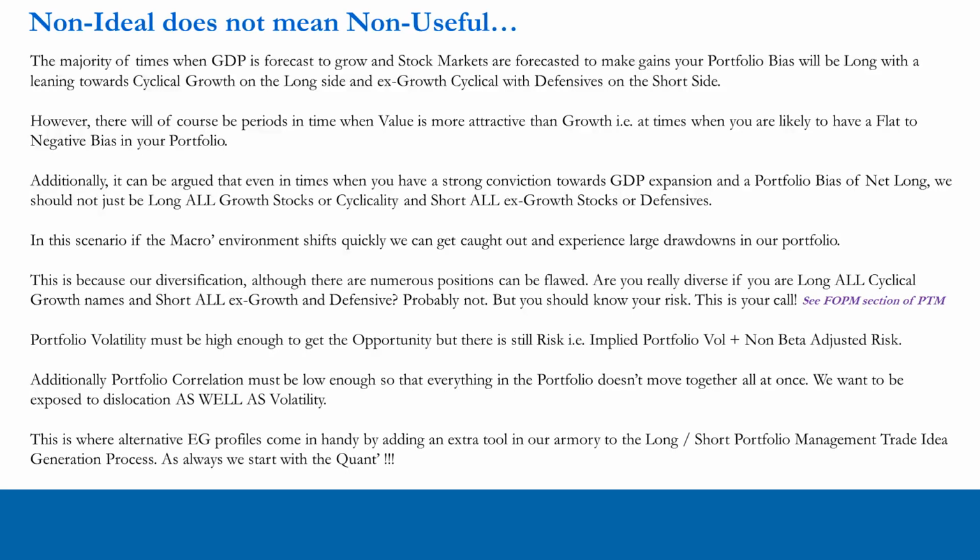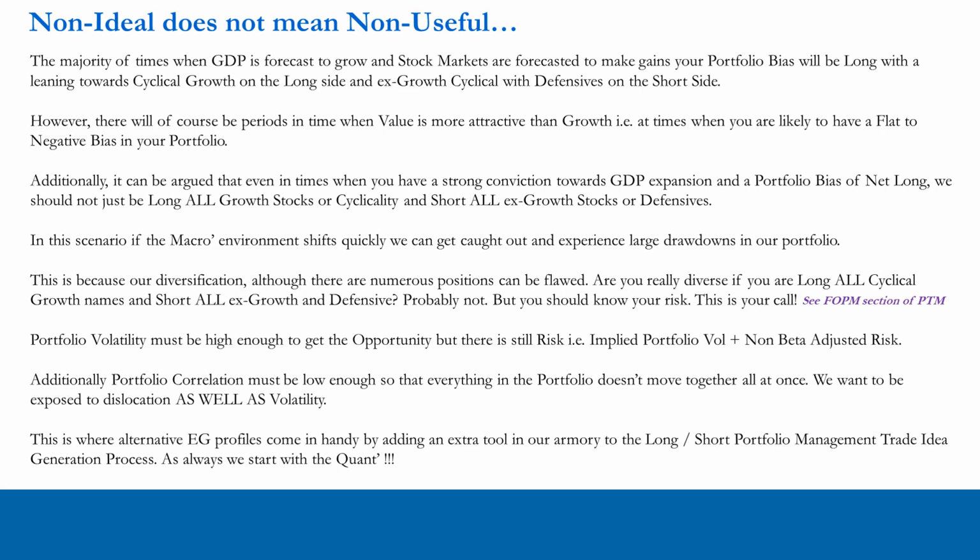So from a portfolio management perspective, the majority of times when GDP is forecasted to grow and stock markets are forecasted to make gains, your portfolio bias as a manager will be long, with a natural tendency towards leaning at cyclical growth on the long side and ex-growth cyclical with defensives on the short side of the portfolio.